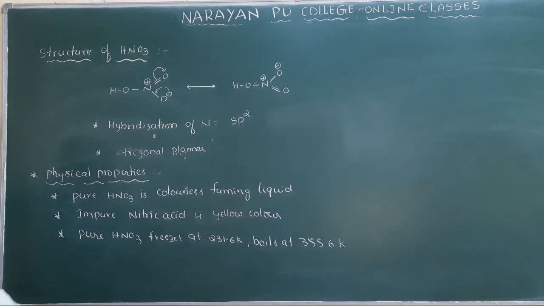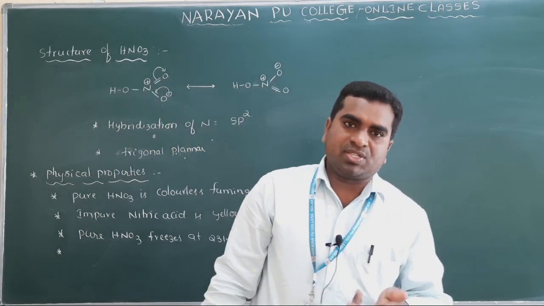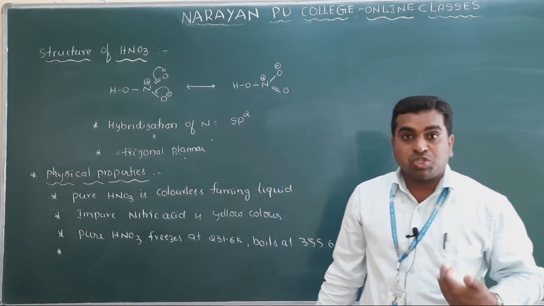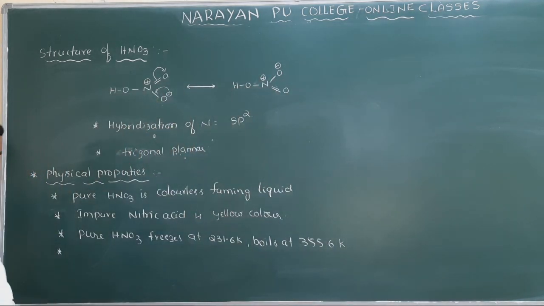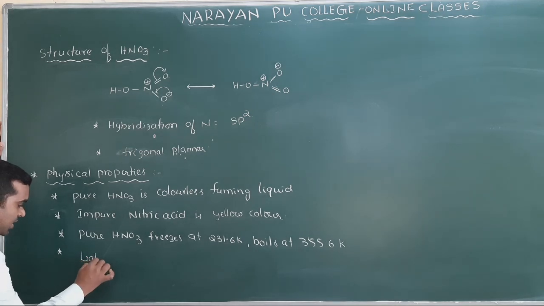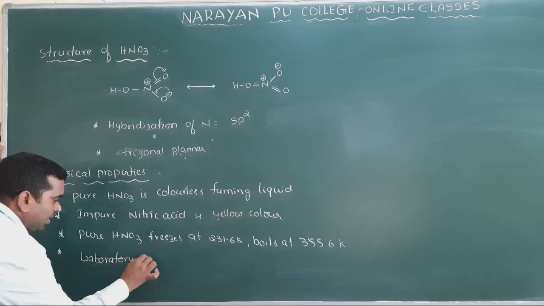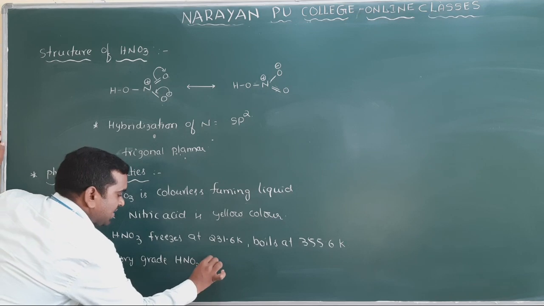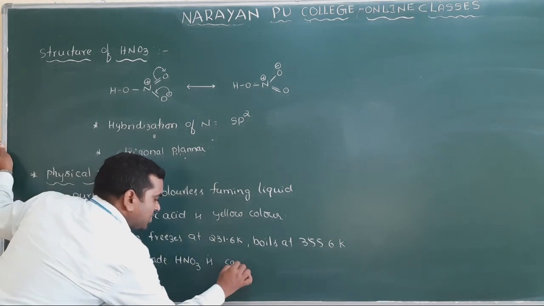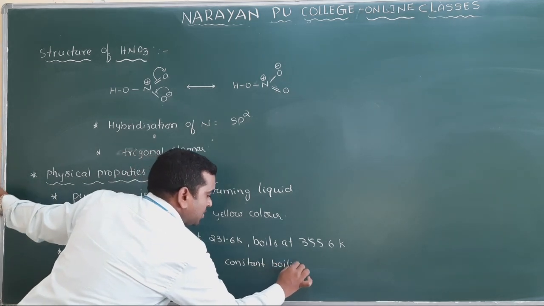And you know that laboratory grade HNO3 is a constant boiling mixture. Constant boiling mixture means what? Azeotrope. Clear? So laboratory grade HNO3, nitric acid, is a constant boiling mixture.